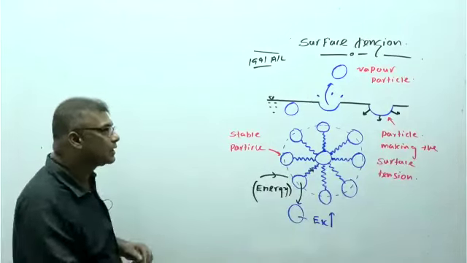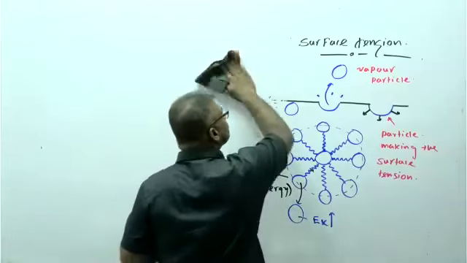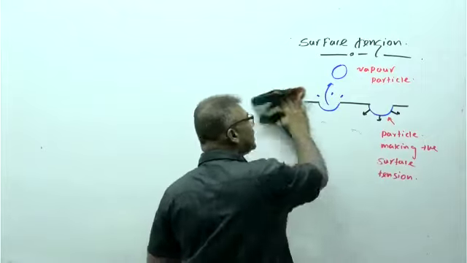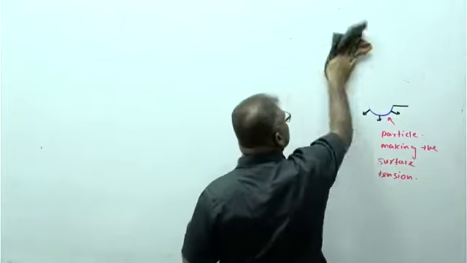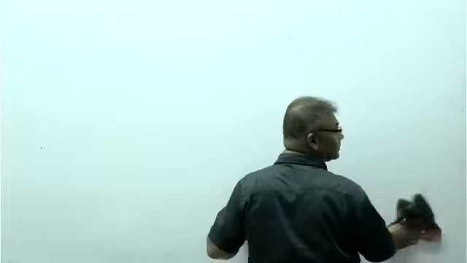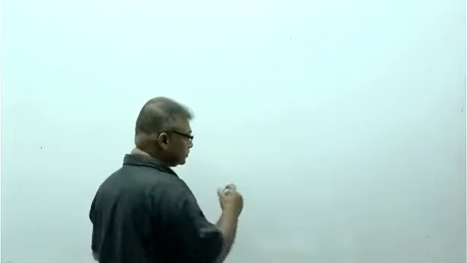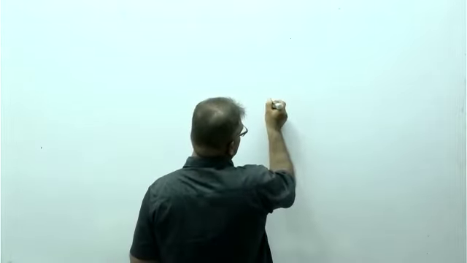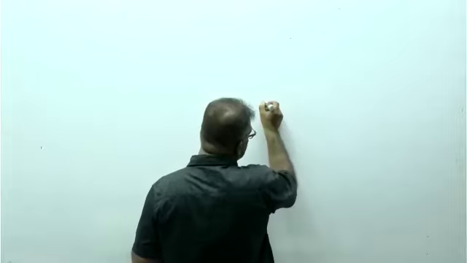Write it on a new line with a star mark. Surface tension is always created only along the surface, and it won't be inside the liquid.